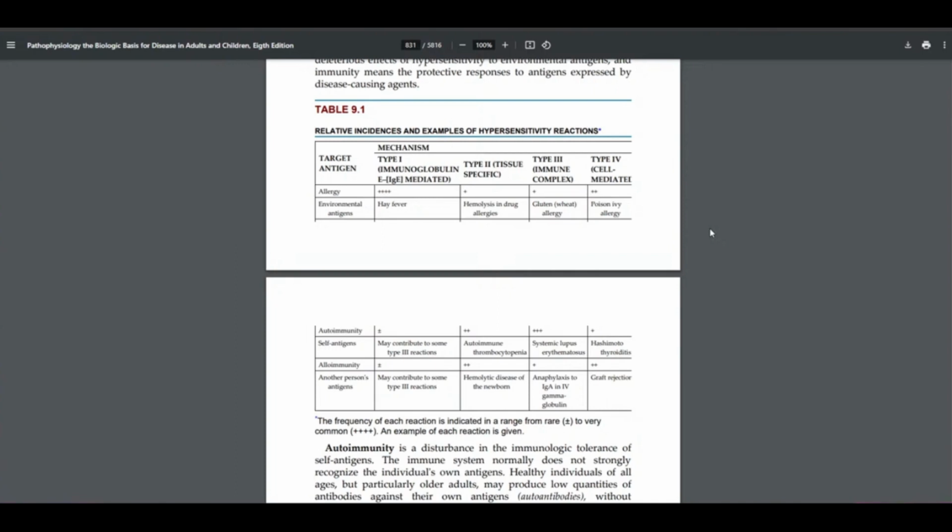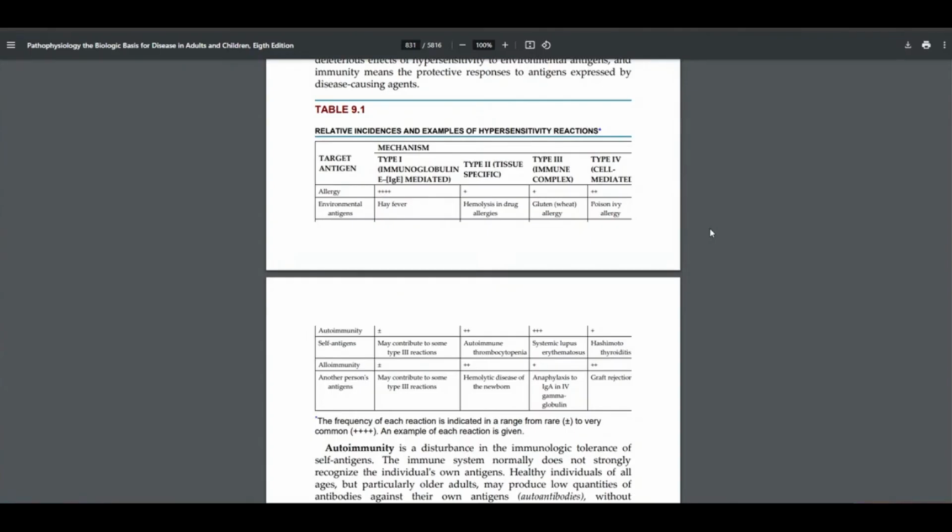Then we have type 3, the immune complex, such as gluten or wheat allergy, those who have gluten allergies. It's an allergic reaction, so yes, it's positive to that. But it's very positive due to the autoimmunity aspect of it, the systemic lupus erythematosus, or self-antigen in that aspect.